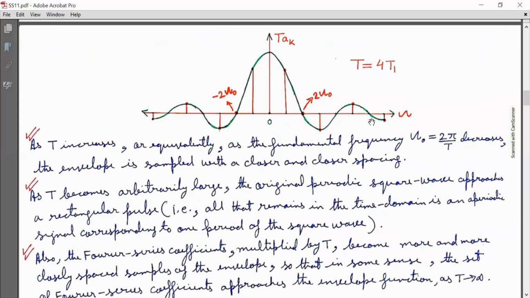In the sinc function, because T is equal to 4T1, the first null is observed at Ω equal to 2Ω0 and at minus 2Ω0, as indicated in the graph.